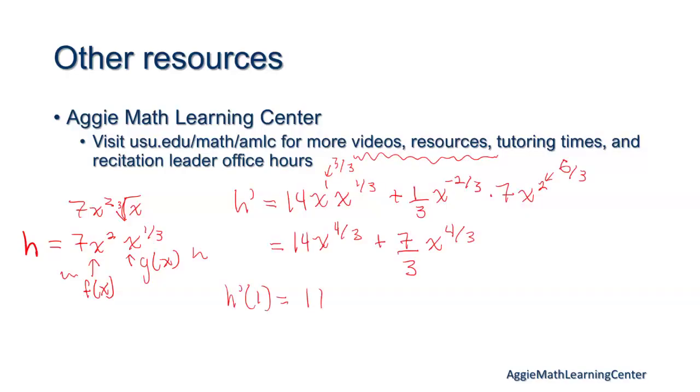Okay, so we'll just plug in 1. Sorry, that's a plus sign. What is 1 to the power of anything? 1. So this will be 1, this will be 1. So it'll just be 14 plus 7/3.